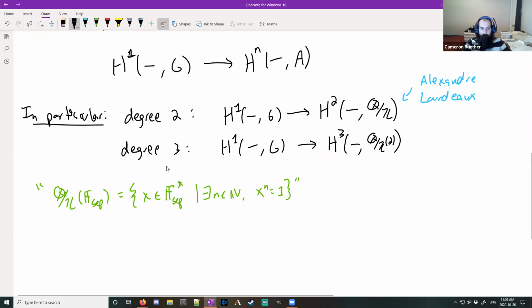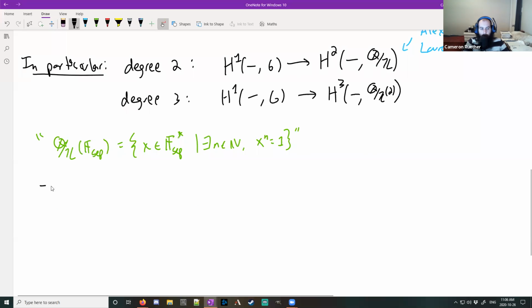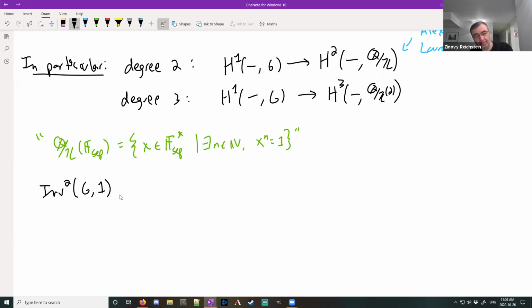And there's some notation for these. These form groups because you can have an additive structure over here. Define these as the degree 2 invariants or the degree 3 invariants. This one representing that this Q mod Z is alone, and the 2 representing that there's this tensor product here.